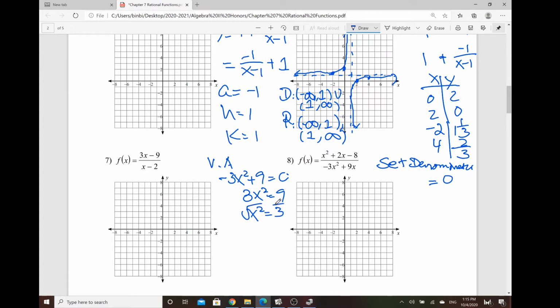Square root both sides. So that means x is plus or minus root 3. What is that about? It's like 1 point something. So that would be somewhere here. Okay, it's a VA.